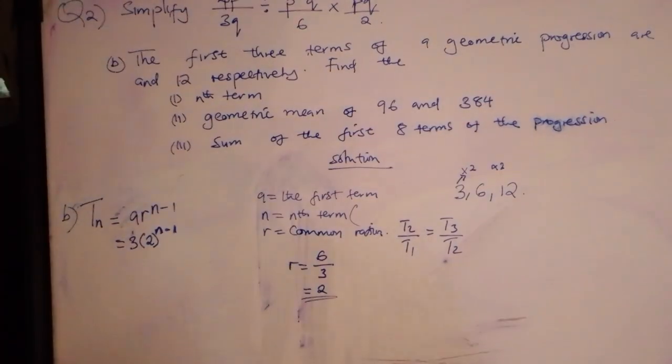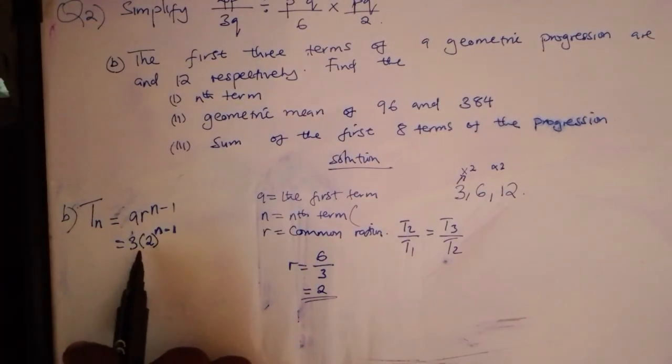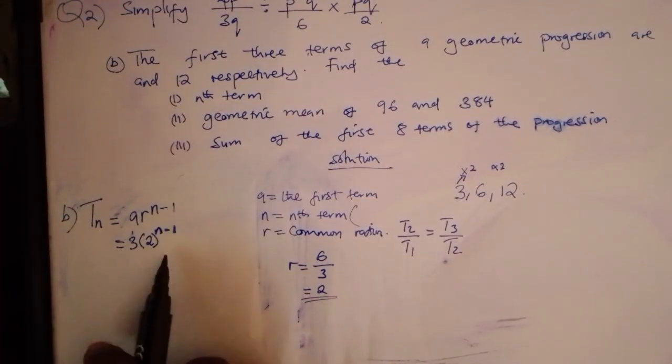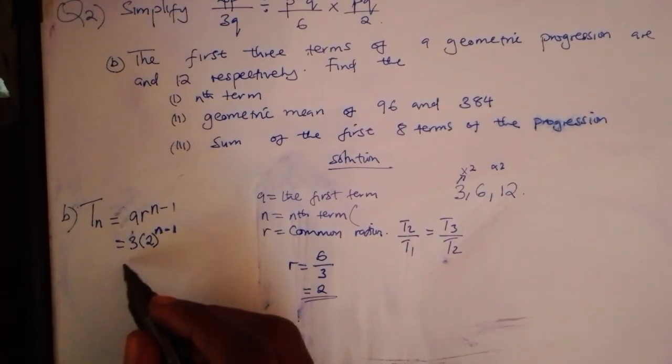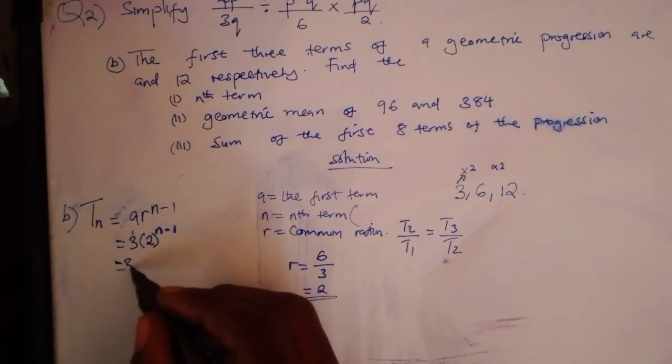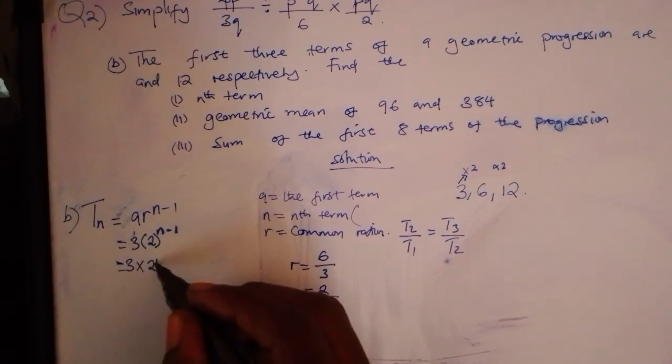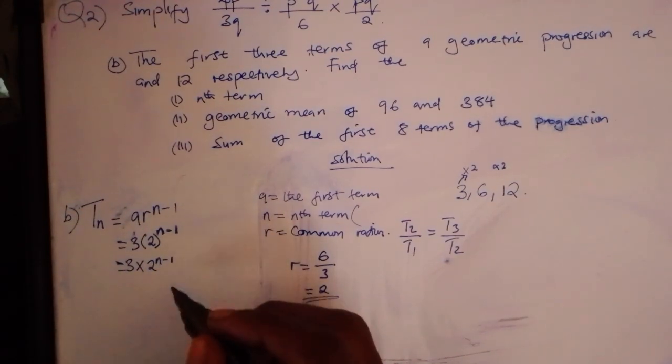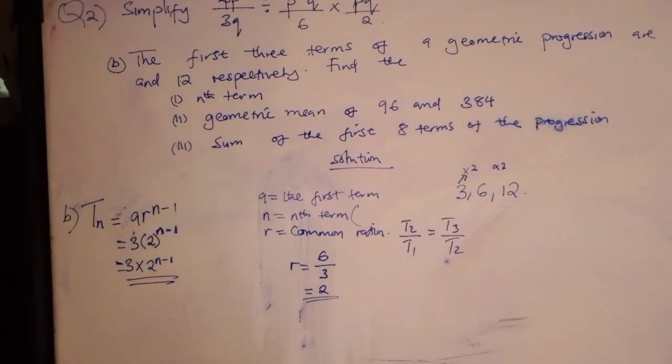So don't make the mistake of multiplying 3 and 2. Don't make that mistake. Here you can now write 3 multiplied by 2 to the power n minus 1. So this is our nth term. You only multiply 3 with this after you have simplified the power. So this is our first answer.